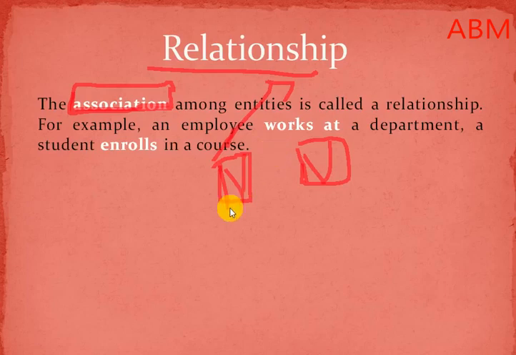But the database engineer concentrates on the nouns and the verbs. For example, in this 'employee works in department', employee is a noun, so it will be an entity, and department is a noun, it is also an entity. But you can see that works is a verb, so it will be an association.